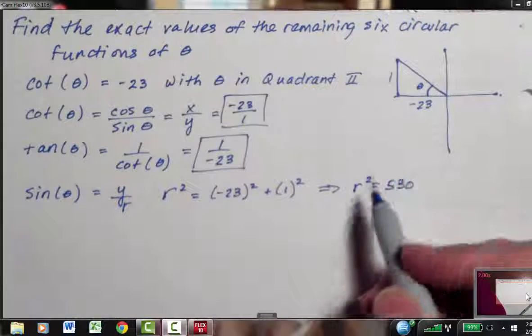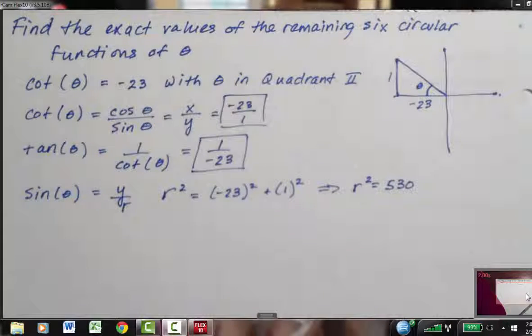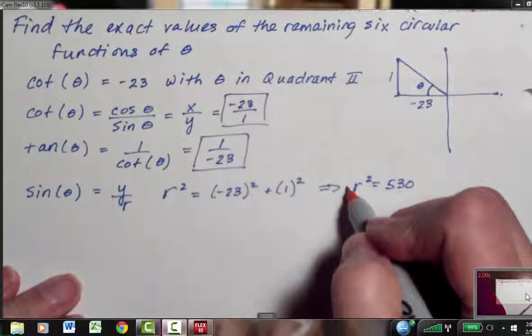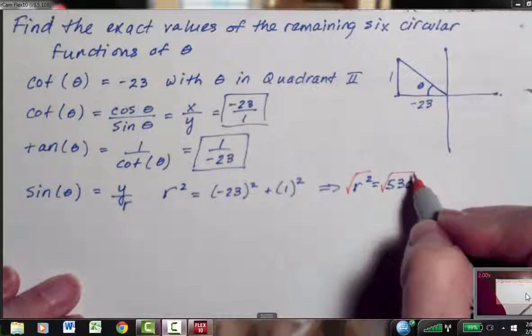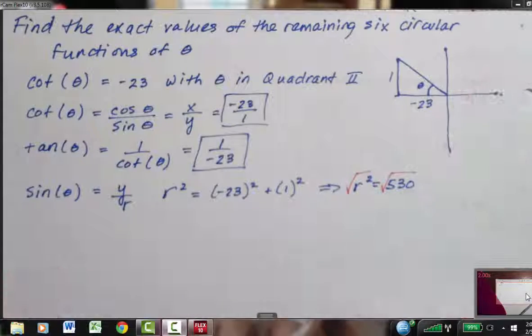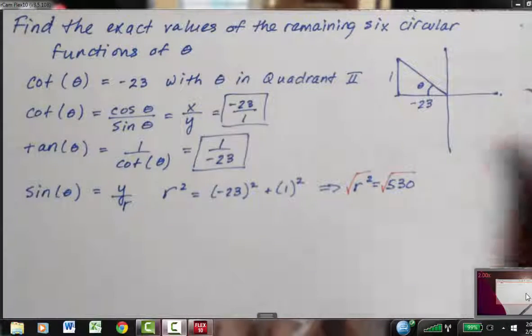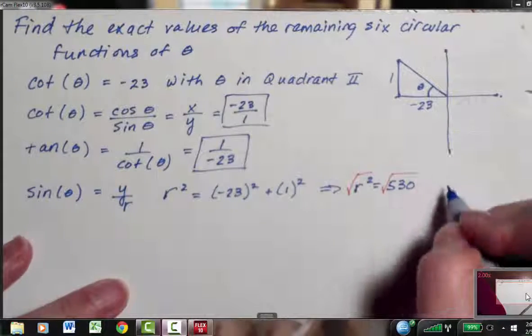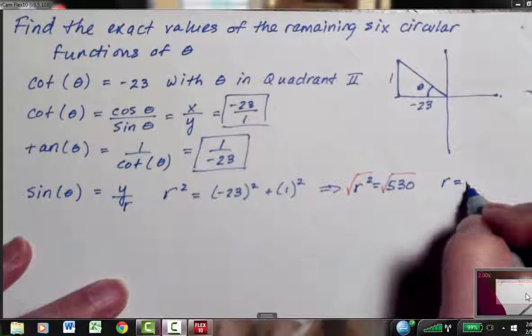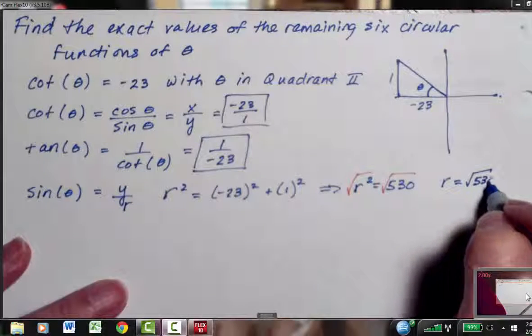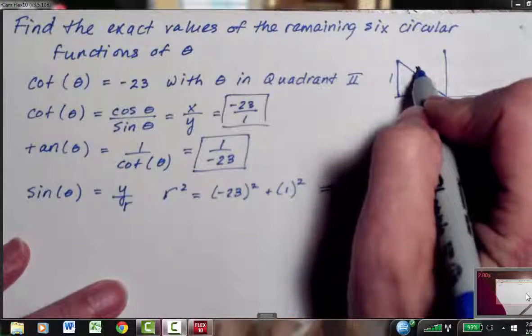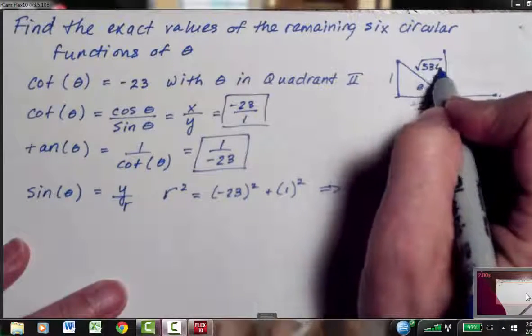So when I take the square root of both sides, remember that whenever we put in square roots, we want to do the positives and negatives, except that when we're talking about the radius of a triangle here, it's always going to be positive. So r in this problem is equal to the square root of 530. So this side right here is the square root of 530.